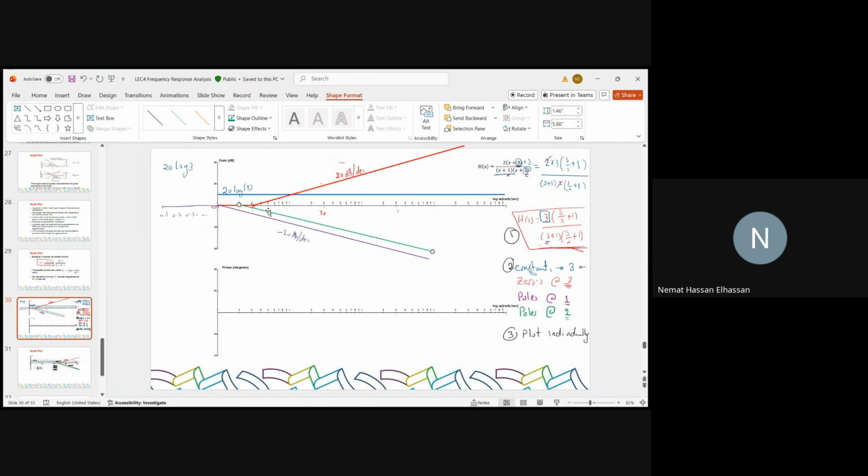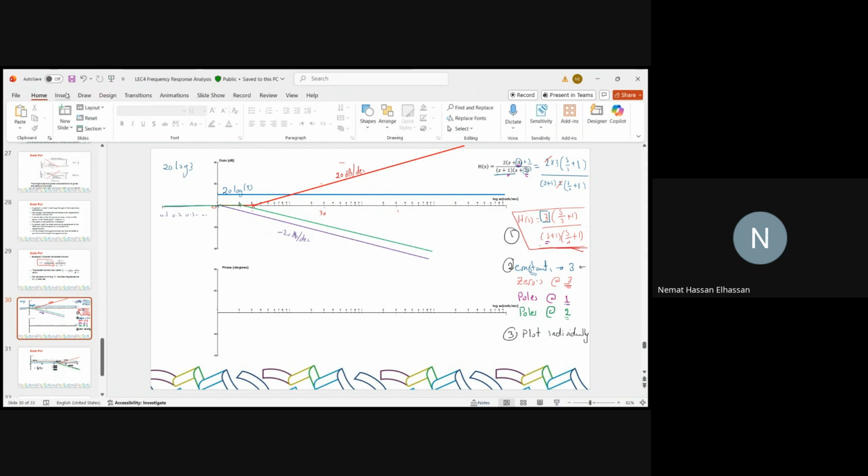And prior to that, it will also be 0, which is what we have over here.